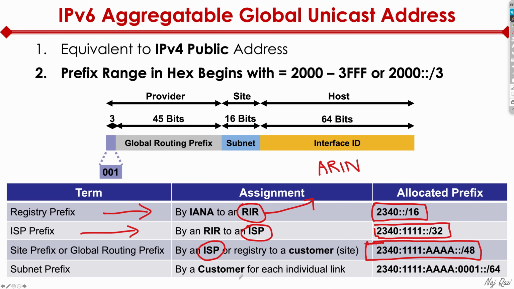And then the customer can take that /48 block and assign /64 for individual links, for example. And this gives the customer the ability to play with 16 bits. 64 minus 48 is 16 bits. So the customer can play with these 16 bits to further subdivide or create subnets within their network and allocate chunks to different sites accordingly.